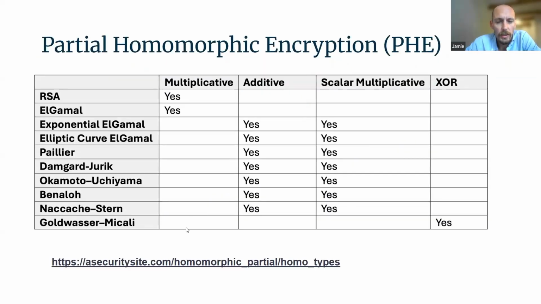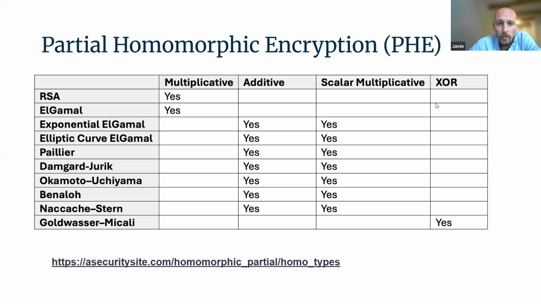Just recapping what I was saying, if we look at things like RSA, it works for multiplication. Similarly with El-Gamal, and then we have variants of El-Gamal, and then we've got Paillier, which is what the later homomorphic BGV and BFV are based on, which is what we've used for our POC, in the OpenFHE library, which is in C++ and Python.